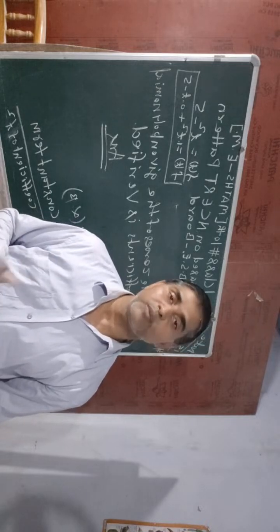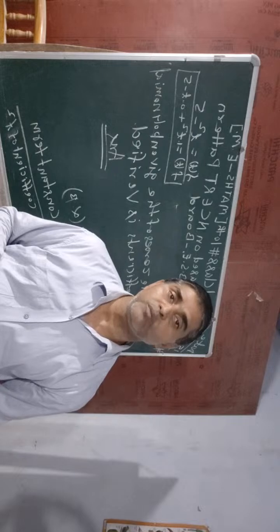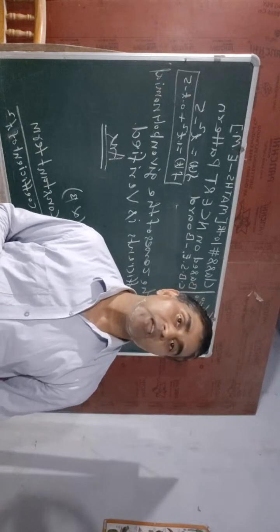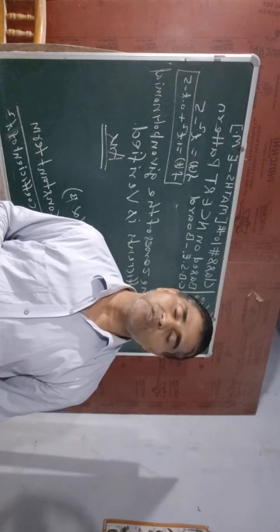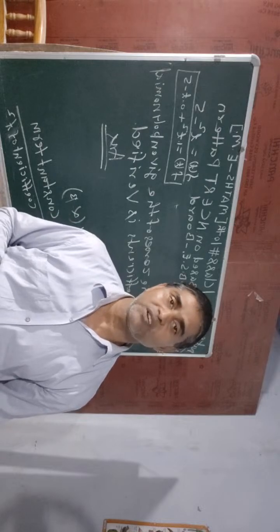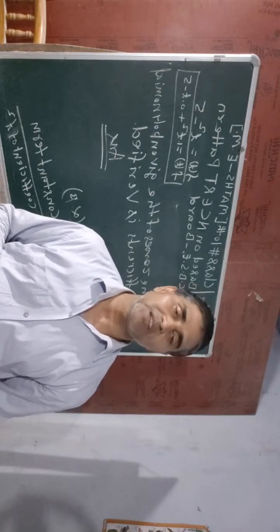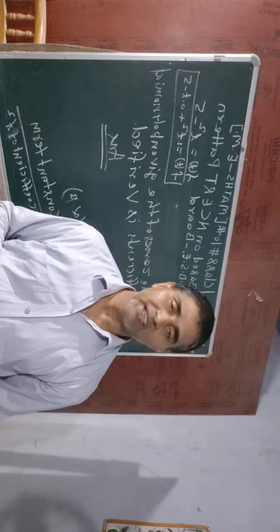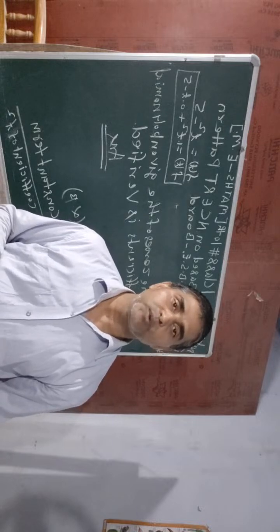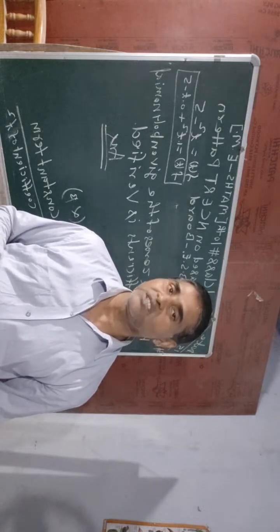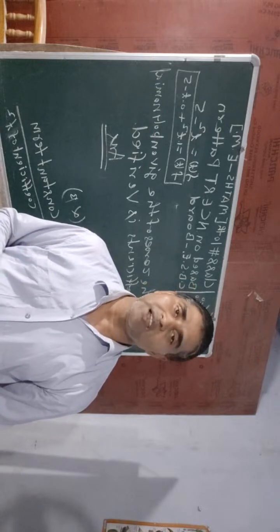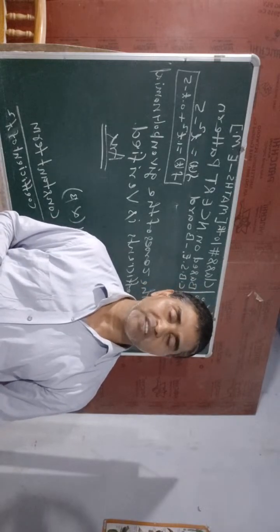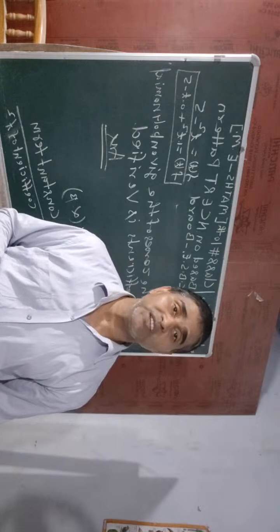The sum of the zeros is equal to minus coefficient of x divided by coefficient of x square, and the product of the zeros or product of the roots is equal to the constant term divided by coefficient of x square. Okay, student, you have to use this concept. After using this concept, you can solve each and every numerical question of polynomials.